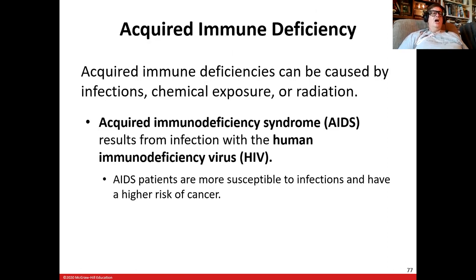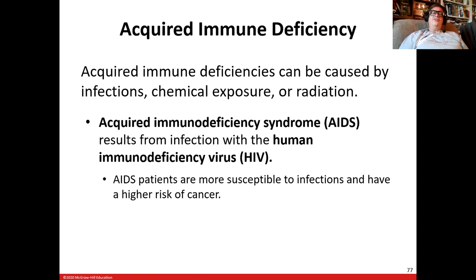Okay. Acquired immune deficiencies can be caused by infections, chemical exposure, radiation. A really famous one, of course, would be AIDS, which is caused by HIV, the human immunodeficiency virus. AIDS patients have all kinds of infections and they're at a high risk of cancer.